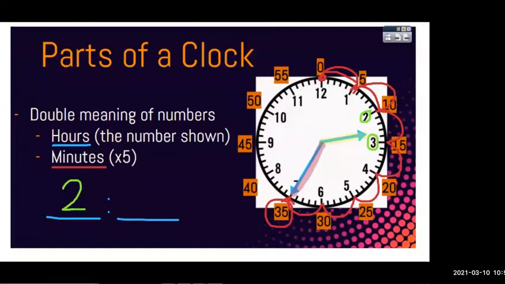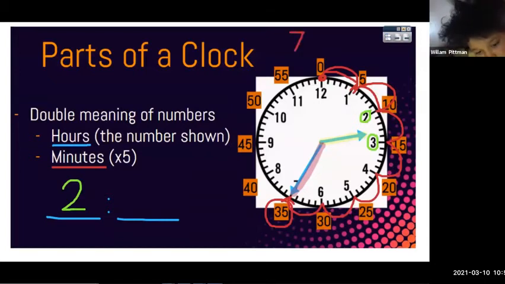If you know your math facts times 5, you will know that 7 groups of 5 is equal to 35. Your multiplication facts with 5 can help you as you look at time on a clock.